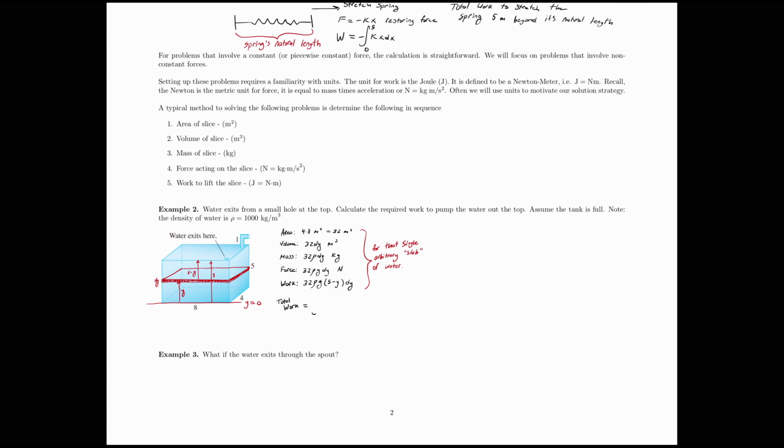So the total work would be doing this process as y continuously varies from 0 to 5. So I'll keep my constants out in front of the integral. I'd have my integral, and then this was being done as y varies from 0 to 5. So the total work is exactly that integral.